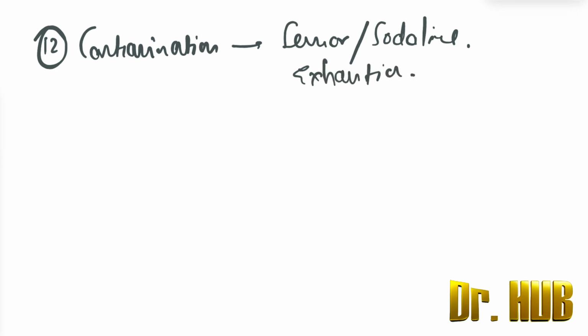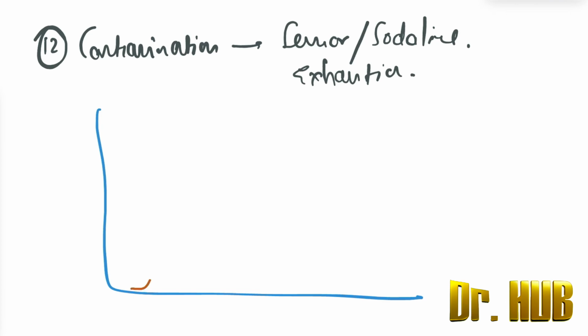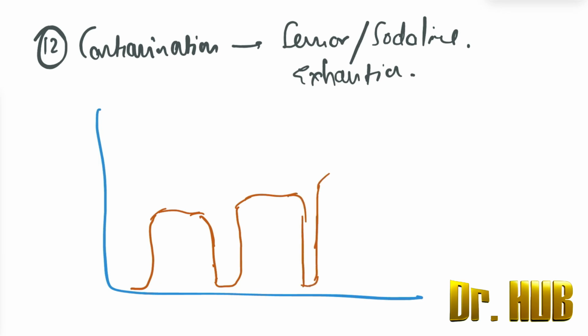Here the graph is like a bar graph, but the edges are curved. So this is the contamination of the sensor or the soda lime exhaustion. It increases in size. As we discussed, the edges are blunt.